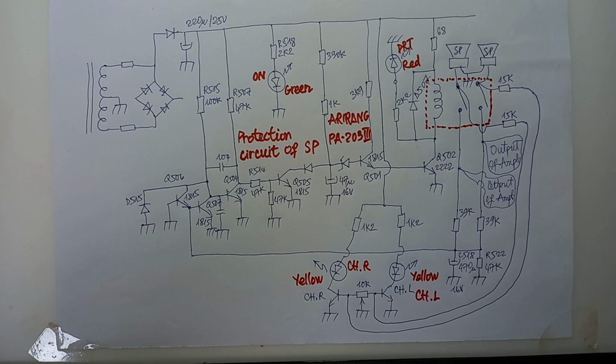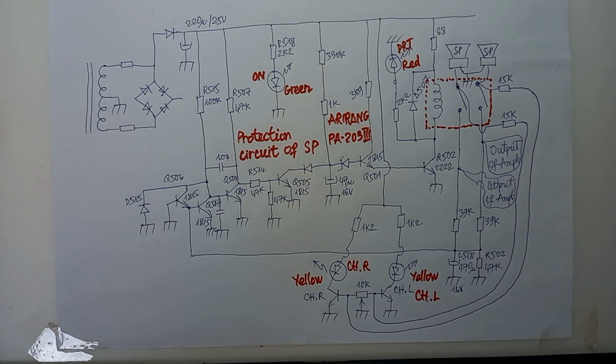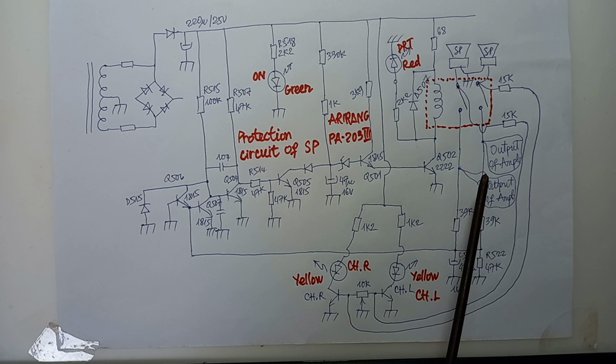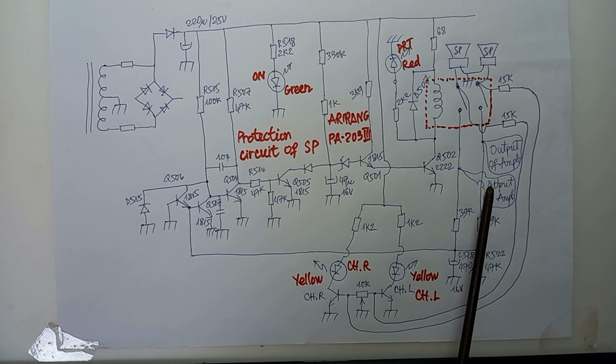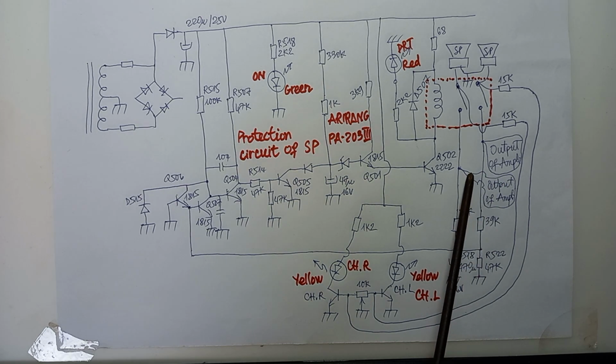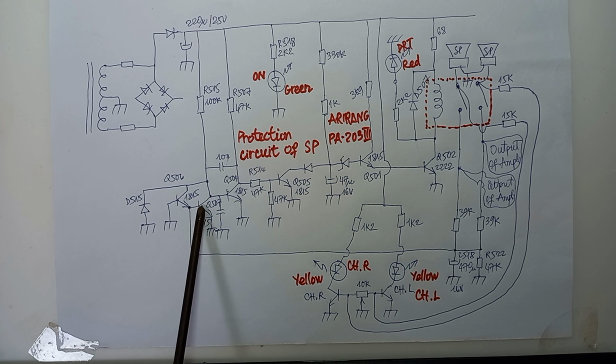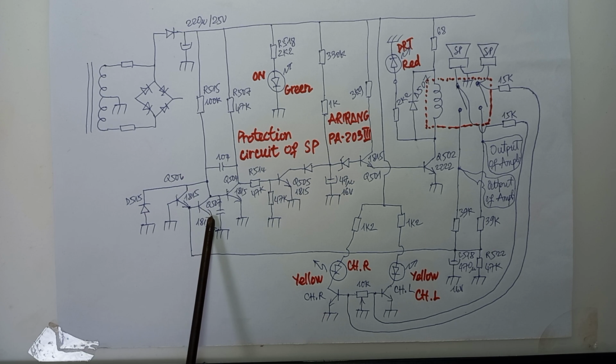If the amplifier has a problem, if one of 2 points has the positive voltage or negative voltage. For example, if the voltage here is positive, so this transistor will conduct electricity.